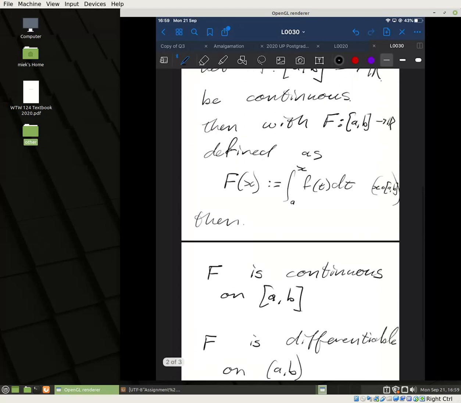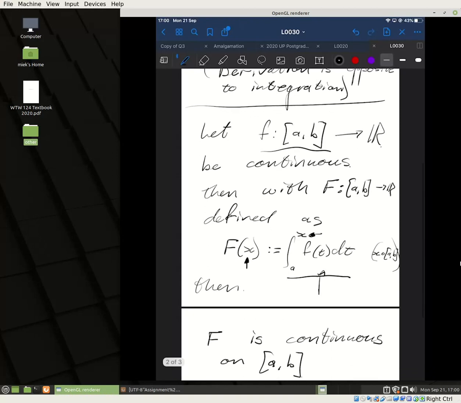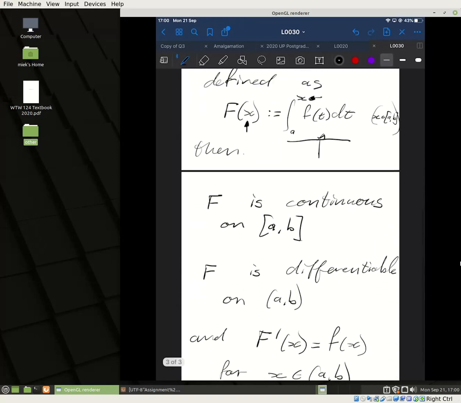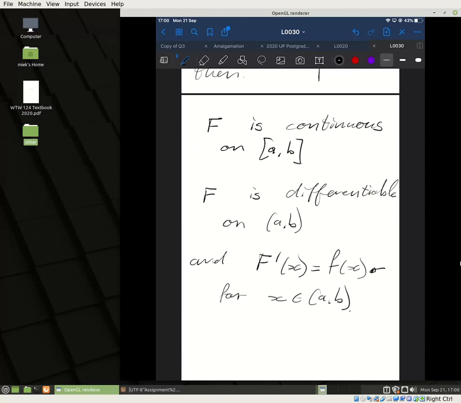So let's take a look at this theorem. It says if you have a continuous function and you look at its integral from a to x, and you define a new function where the input variable of your function is the bound of your integral, then capital F is continuous, it is differentiable, and its derivative is equal to little f.